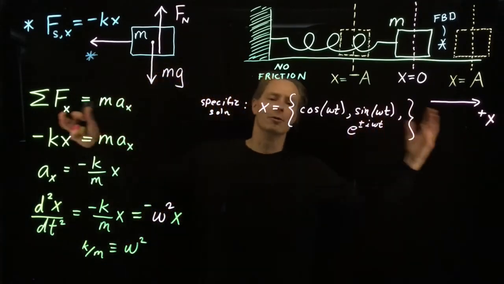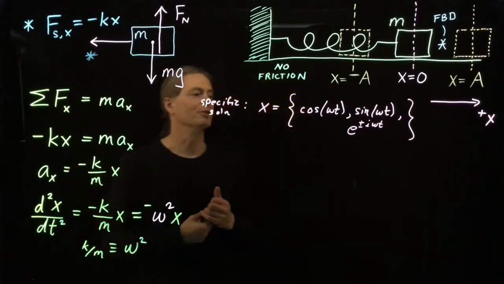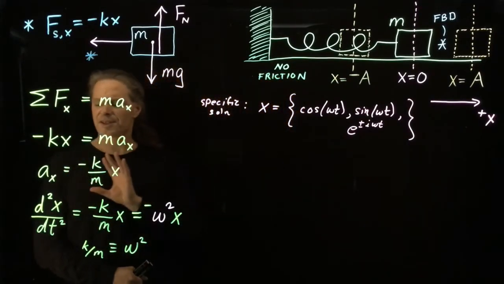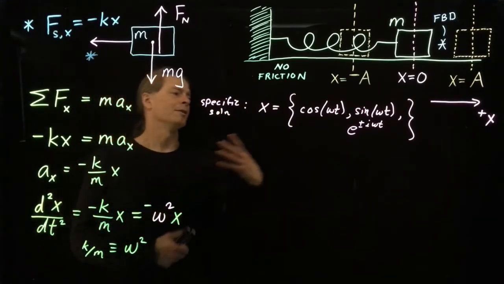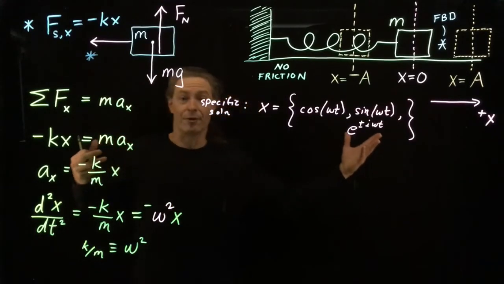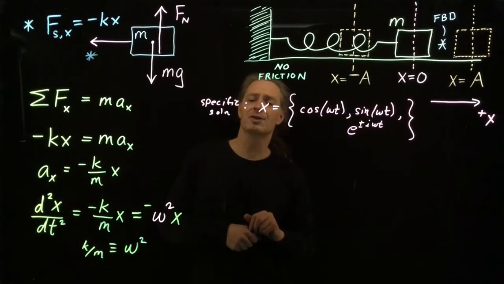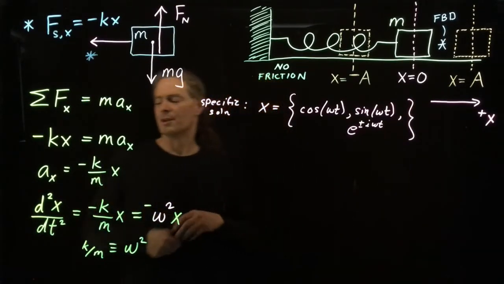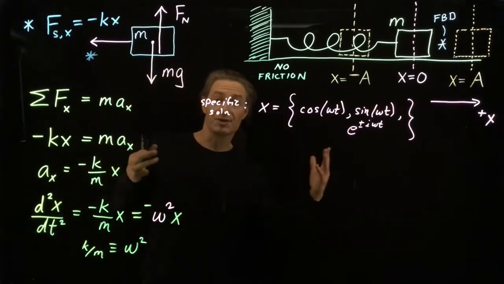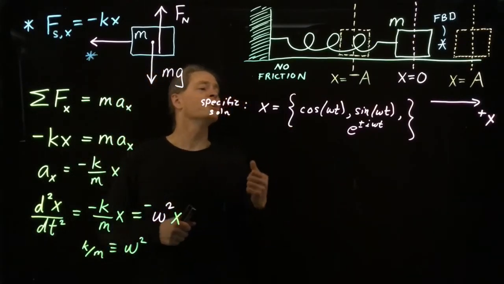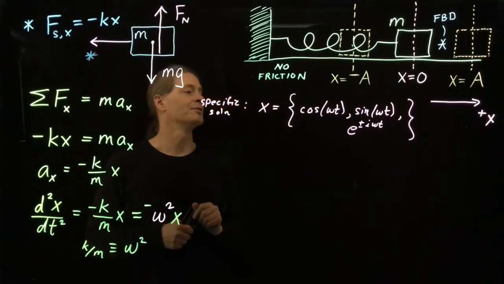OK, so now I'm going to go over like two or three classes worth of differential equations in a couple of minutes. This is a second order ordinary differential equation. There's a theorem in differential equations that you'll probably prove if and when you take that course. If you've got a second order ordinary differential equation, you can form the general solution by putting together two linearly independent specific solutions.